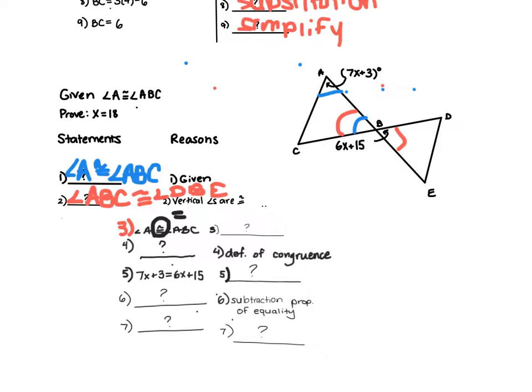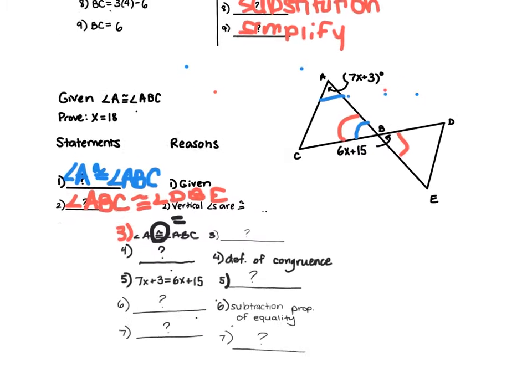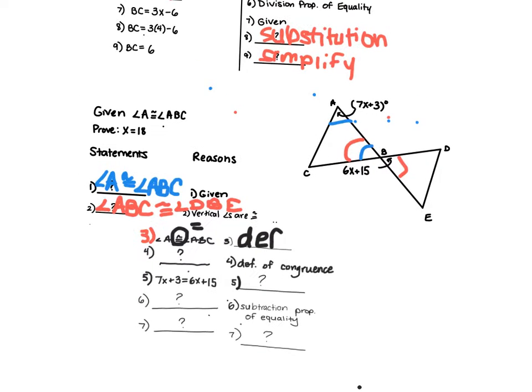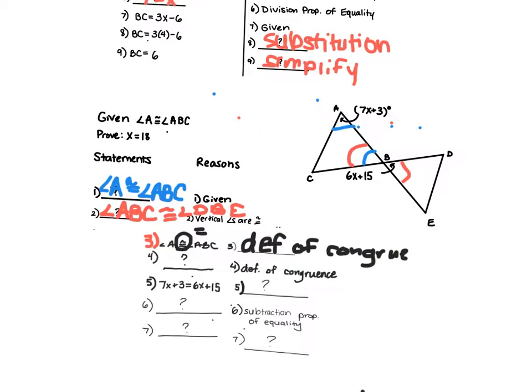The original statement says angle A is congruent to angle ABC, and this one, after I corrected it because it was wrong, says angle A is equal to angle ABC. What is that? Congruence. Yep, definition of congruence. So we've switched our equals for a congruence or congruence for an equals.